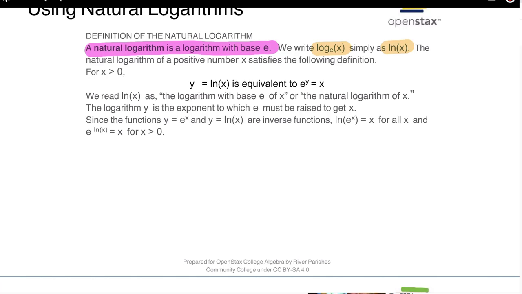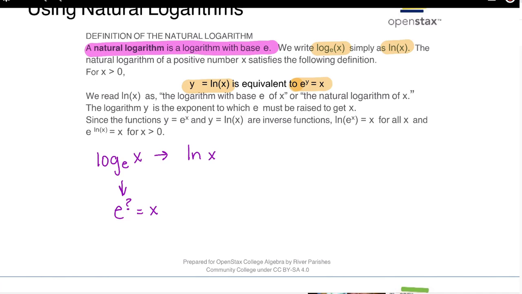It is equivalent to e to the y equals x. So when we see log base e of x, that's the same as saying ln of x. If we were converting it to exponential form, this would be e to some power equals x. So e to what power equals x. That's what it stands for.